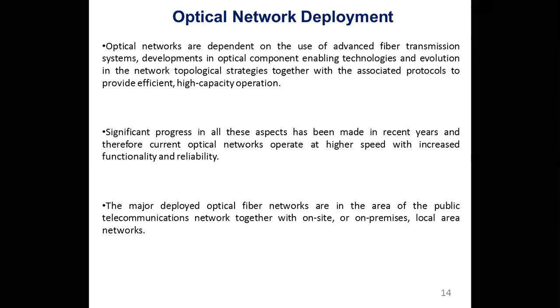So we are looking for optical component enabling technologies and evolution in the network strategies. Associated protocols should be efficient, and very high capacity operation should be possible, and these are the requirements from any optical network deployment. In the past decade, there have been several advancements which have been made, but more so now, there are going to be more advancements.